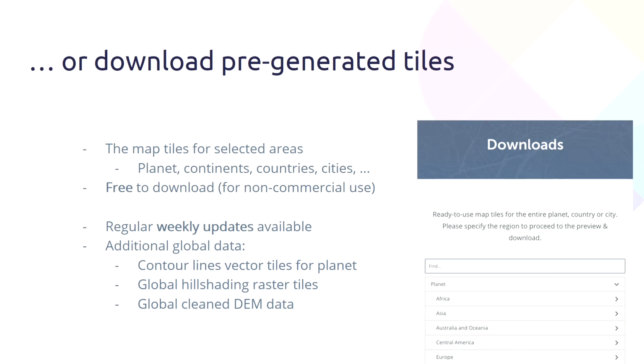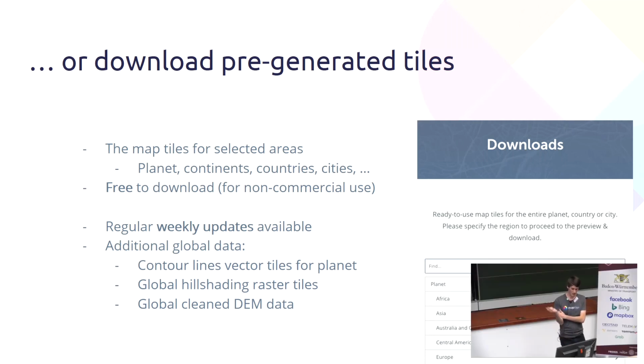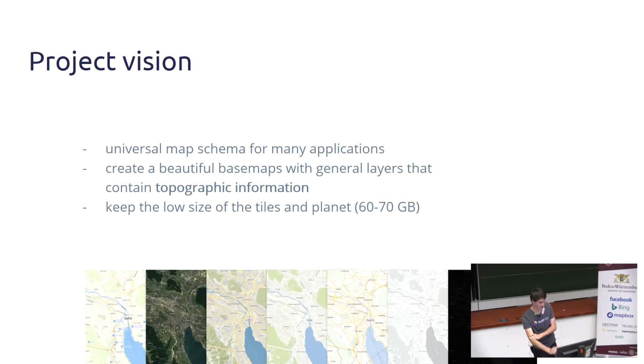So, yeah, there are also additional data layers. One of them is hill shading, digital elevation model, plus satellite, which is missing here, but yeah, we have it as well. And the project vision, I already said it.